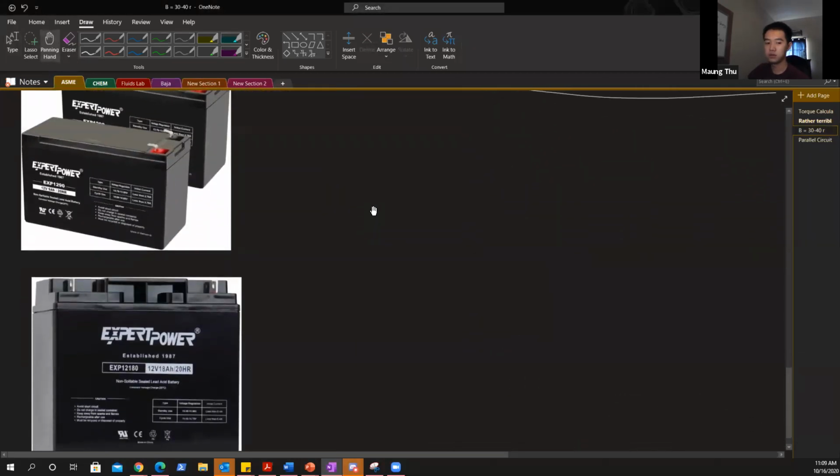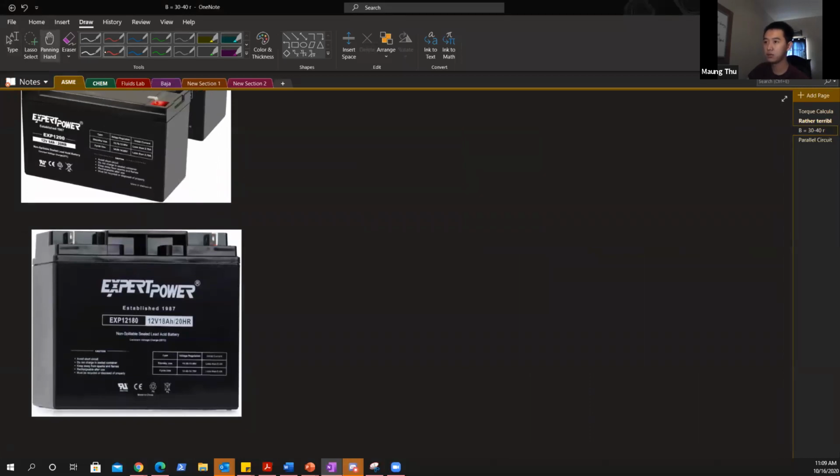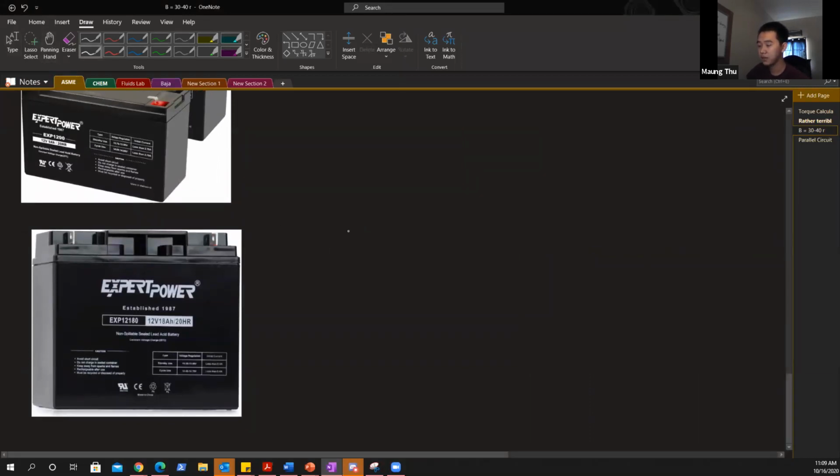So right here, there are batteries that hopefully you guys can understand. This particular one says 12 volts, same thing, nothing special, 18 amp hour and 20 hours, right? So like I said before, this shows that this can draw 8 amps per hour.